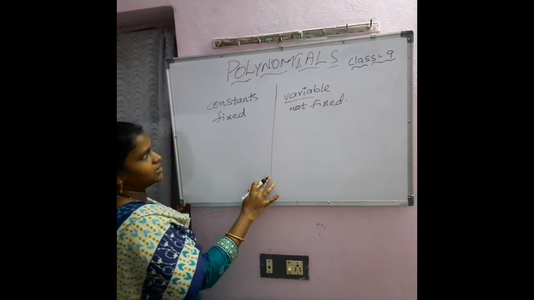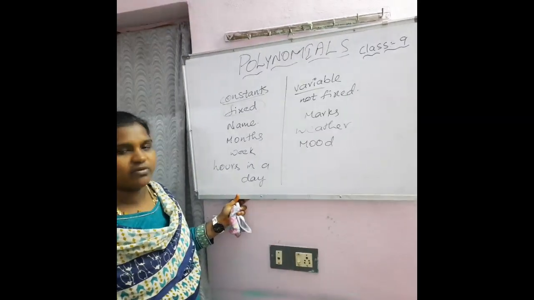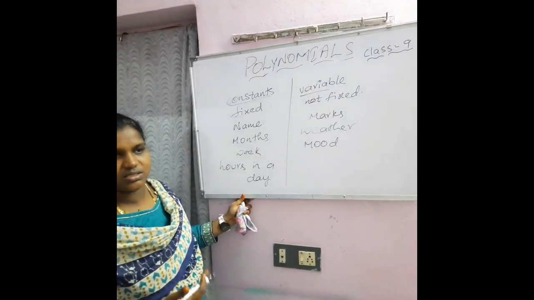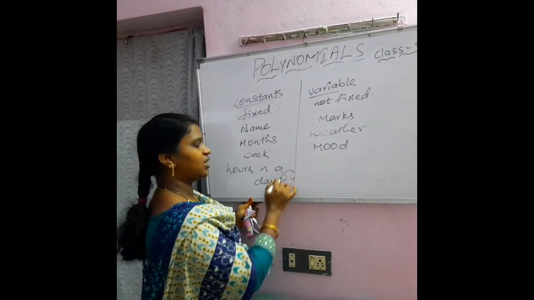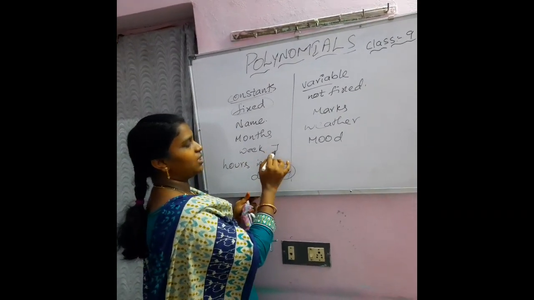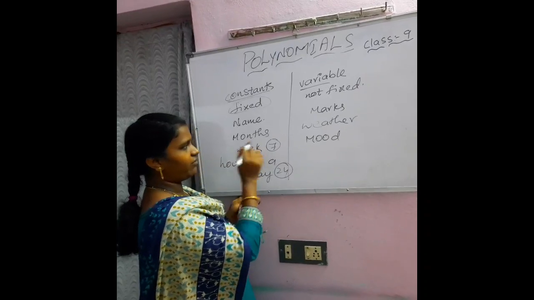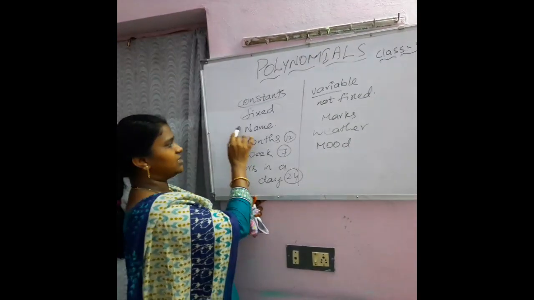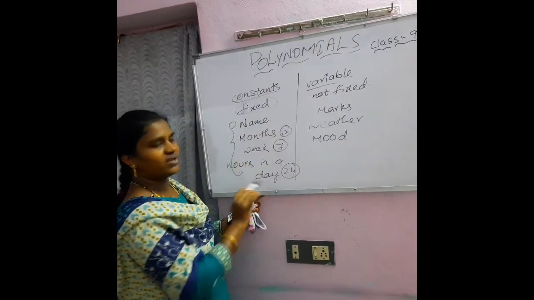Let us take some examples. The name of a person doesn't change, and the hours in a day don't change. The 24 hours in a day are constant, and there are 7 days in a week and 12 months in a year. So these all don't change, so these are fixed.